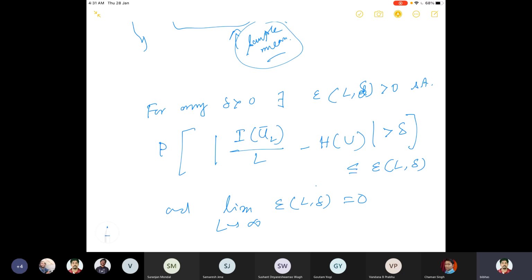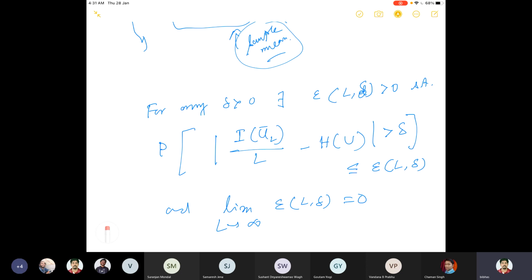What it means is the following. For any delta positive, for any small delta, there is some epsilon such that this probability is less than or equal to epsilon L delta. Now, what does it mean?